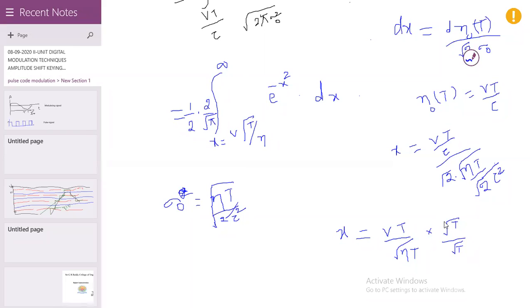Okay, multiply this, then that gets cancelled, and you will get v root of t by eta. Are you getting it? Yes, ma'am. Note this down, we forget these.